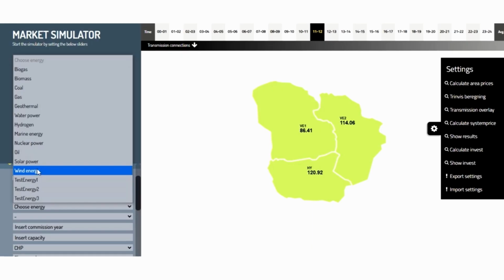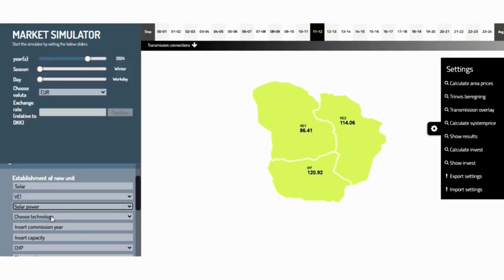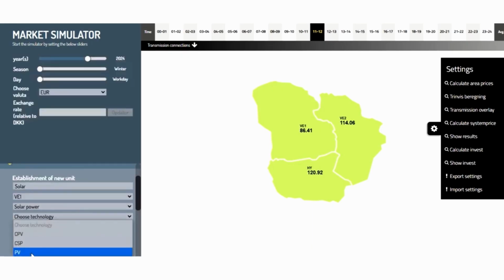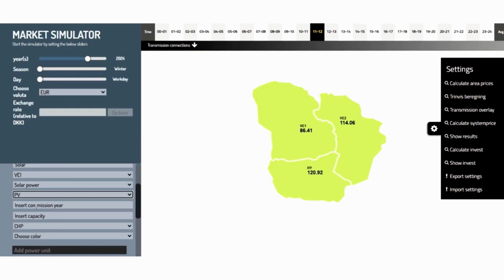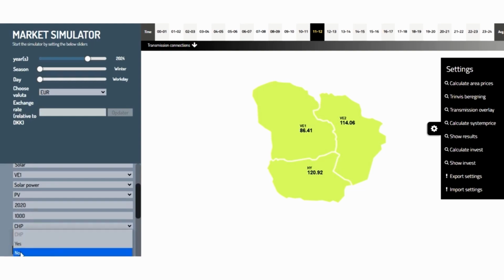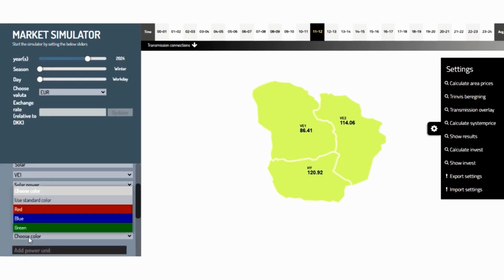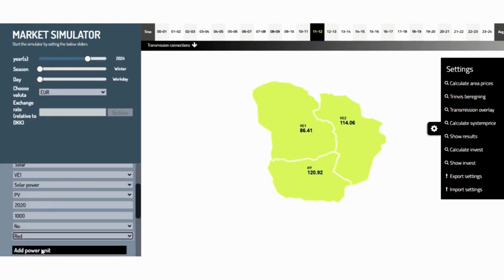We choose the energy, it's solar power. Technology, it's photovoltaic. We insert the year of commissioning, year 2020. The capacity 1000 megawatts, and it's not a CSP unit, so we say no here. We choose the color red so that we can recognize the unit, and we add it.